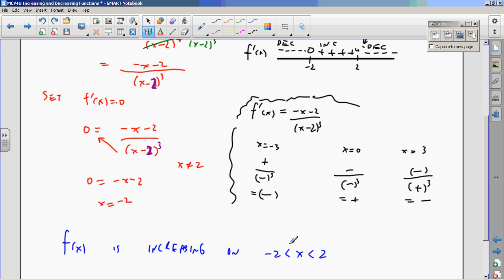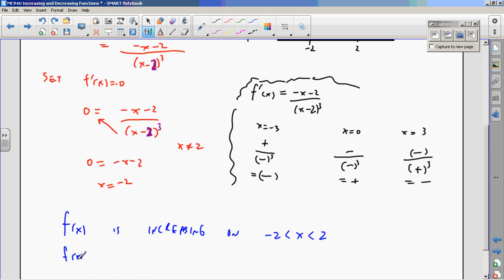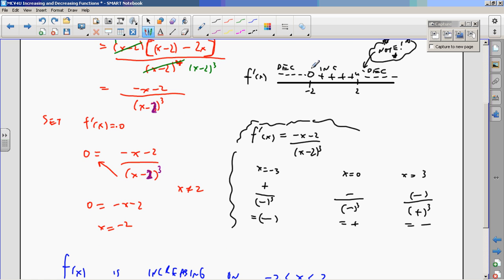Notice I don't include the endpoints, and I don't include the spots where I have a minimum or a maximum, and decreasing elsewhere. x is less than negative 2, together with x is greater than 2, right? Yeah, that's right. And then notice that this also tells us decreasing, 0, increasing. We've got f has a minimum at x equals minus 2.